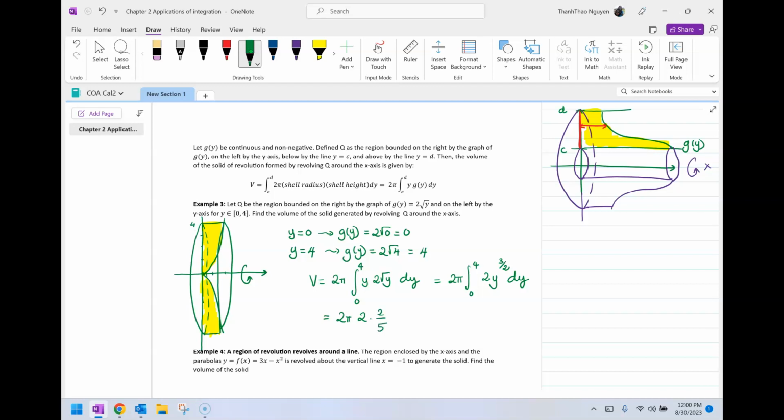So this is 2/5 times y to the 5 over 2 evaluated from 0 to 4. Let's clean this up a little: 8 pi over 5 times the square root of 4 to the 5th. That is 8 pi over 5 times 32.